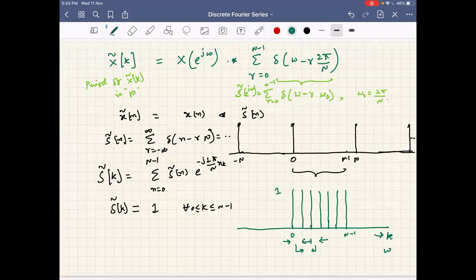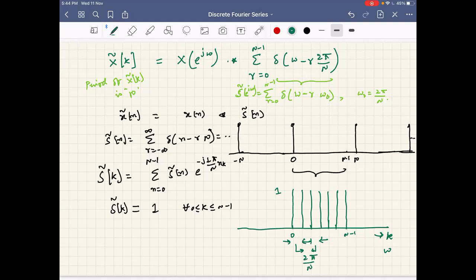It is equal to, because the whole spectrum e to the power j omega, omega varies from 0 to 2 pi, and thus there are N samples spanning 2 pi. This is 2 pi by capital N, right?